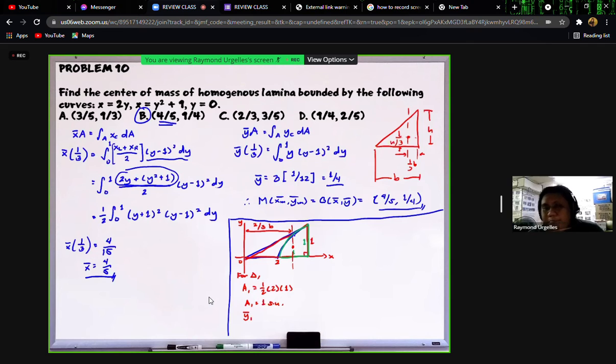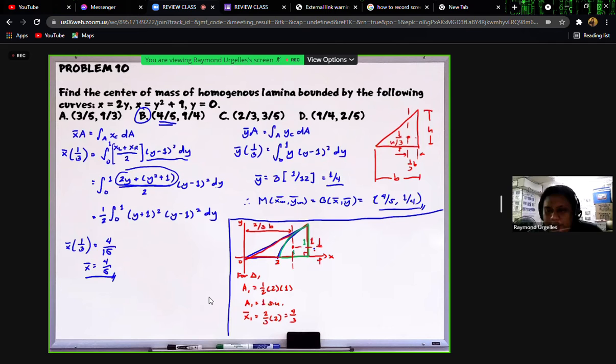So our x1 bar will be given by 2/3 of 2 units. So this is 2/3 times 2, which is equivalent to 4/3. Okay? Sorry, this is X, not Y, because it is the distance from the y-axis.